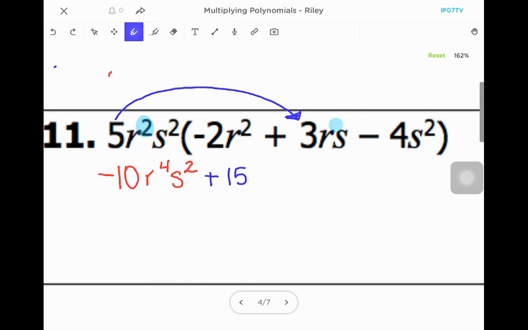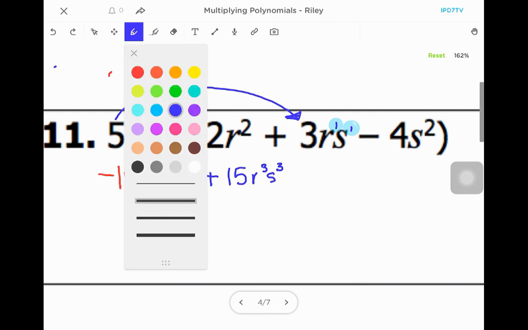Technically, there's a 1r right there. So 2 plus 1 is 3. So r to the third power. Okay, and then I got my s's. So I got 2 here, and technically 1 there. So again, I have 3. So s's cubed.